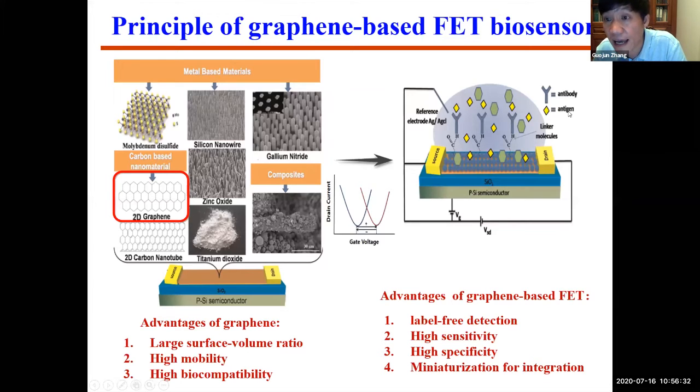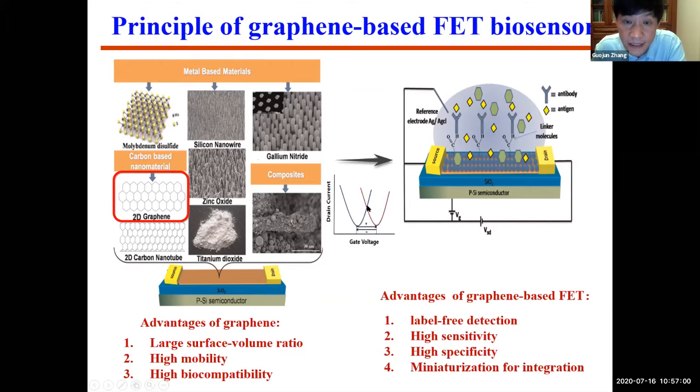To detect the protein, a specific antibody can be immobilized on the graphene sheet. As you know, an antibody can be negatively or positively charged, and this charge contribution of the antibody to the graphene sheet can make the current change.